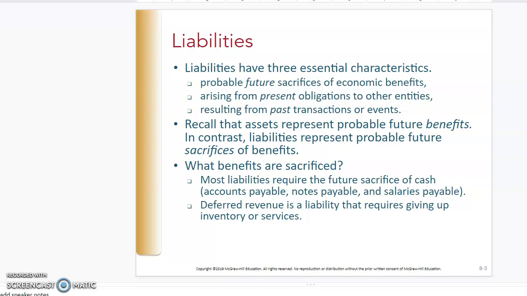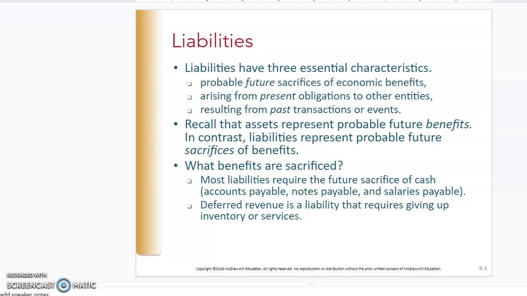All right, liabilities. Liabilities have three essential characteristics. They're probable future sacrifices, so it means that you're going to have to give up something in the future, arising from an obligation that you have right now on the balance sheet date that came from a transaction or event that happened before the balance sheet date. Example, salaries payable.